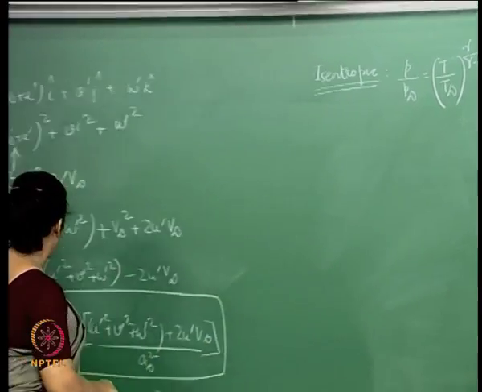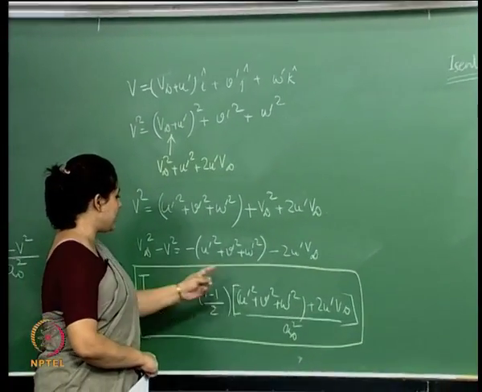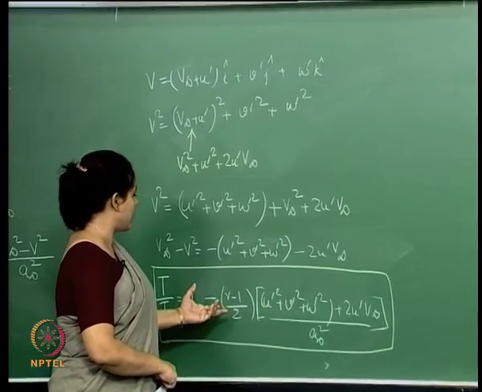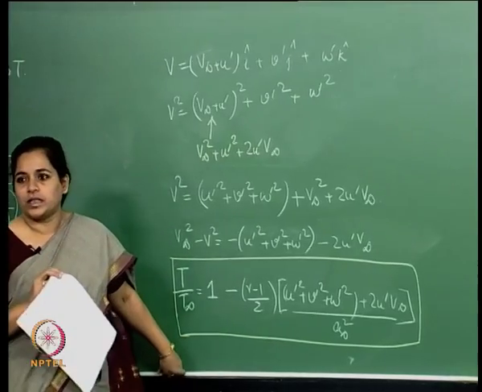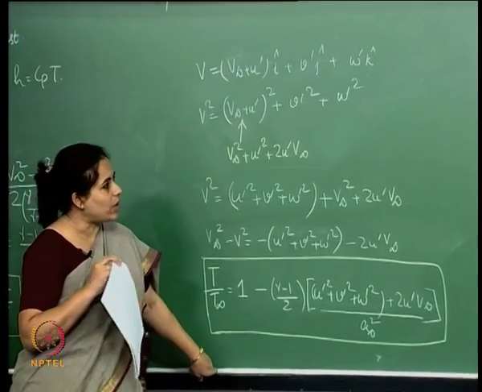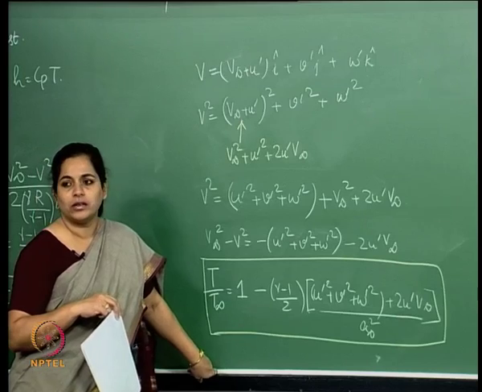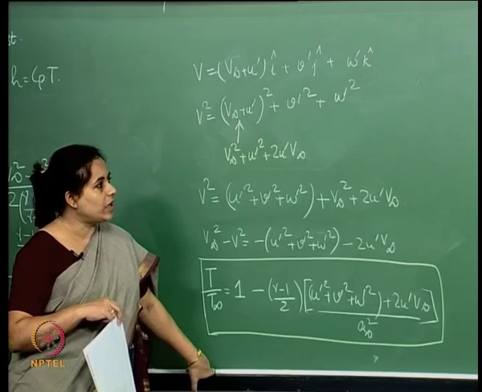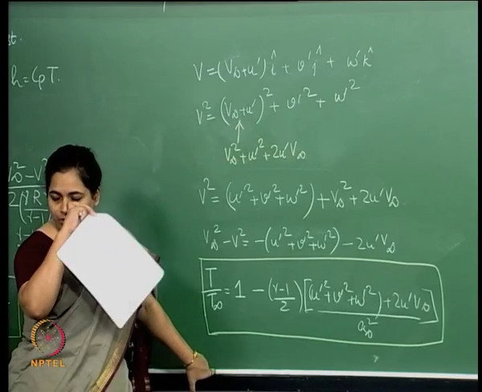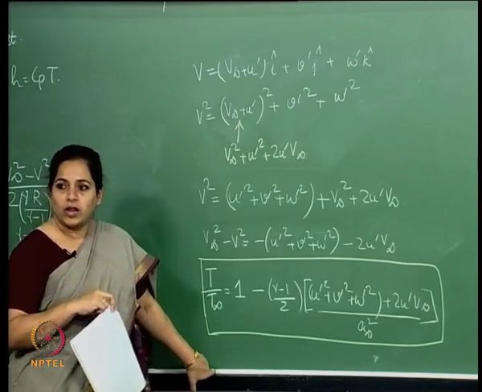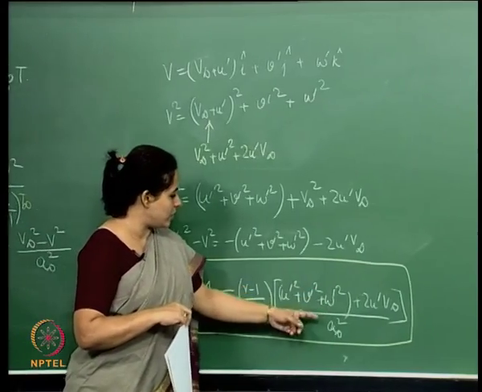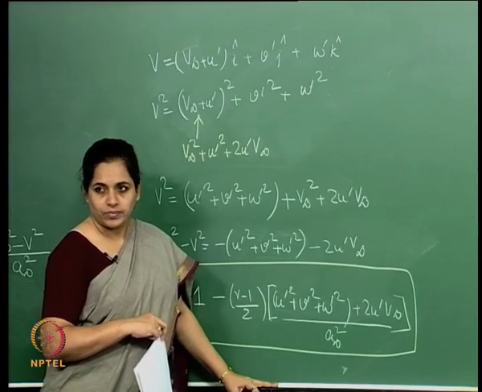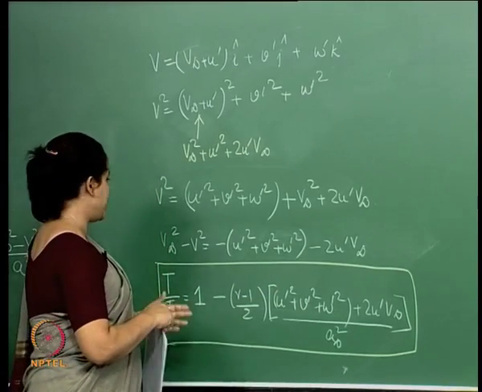Now T by T infinity, you can see, we have written just in terms of the velocities. This helps us in the present case because we have found the surface velocity potential. If that is known to us, then we can get all the velocities. In here you can see we have the perturbation velocities and the free stream, so this term is basically known to us.